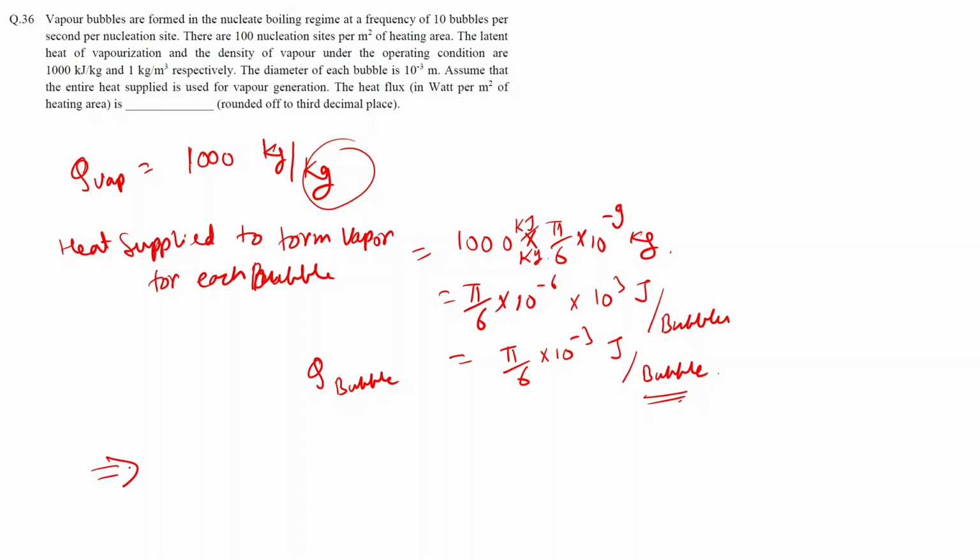So now to ultimately find this heat flux, we have to multiply this pi by 6 into 10 raised to minus 3 into the number of bubbles.